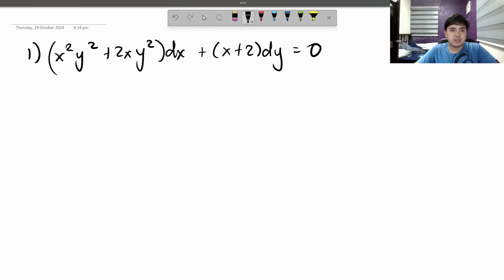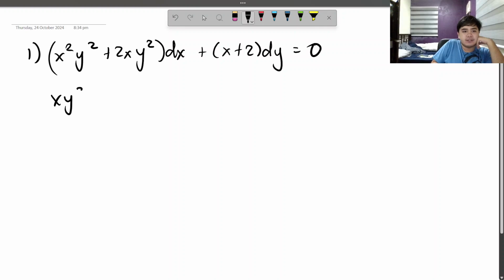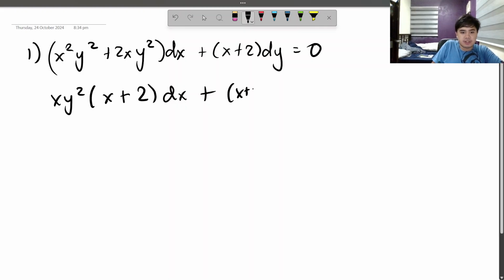So x squared y squared plus x y squared, it has this common factor of x y squared, right? And then x plus 2 dx plus x plus 2 dy equals 0.